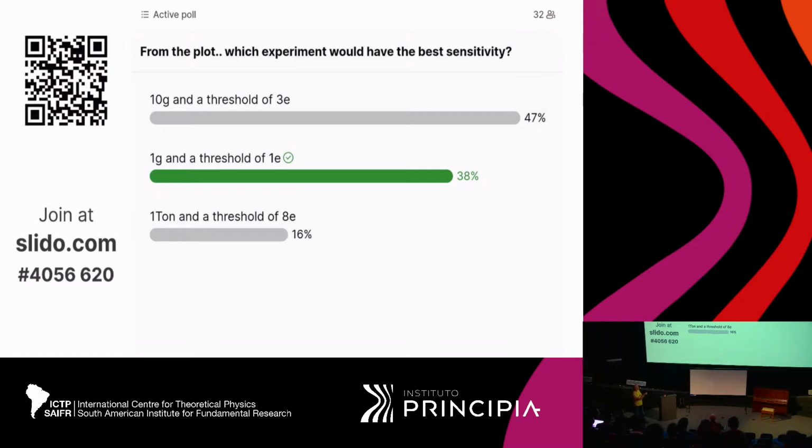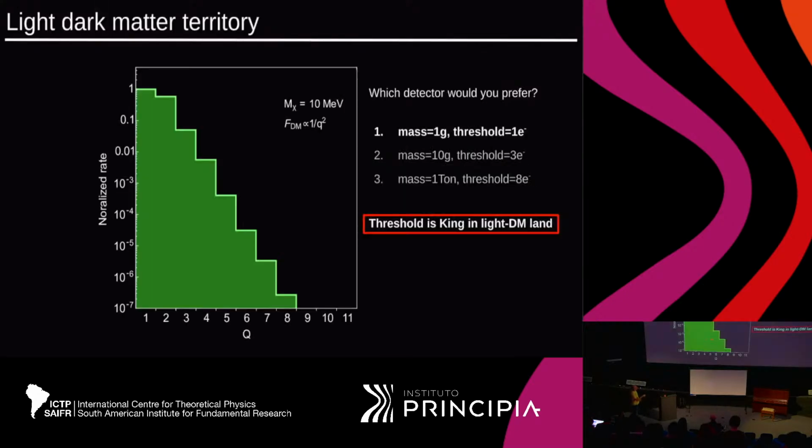Okay, so, here, most of the people voted 10 grams and a threshold of 3 electrons. 1 gram is the right answer in this case, although these things are close, and you definitely don't want this. Let's see why, okay? Again, let's take a look at this plot.